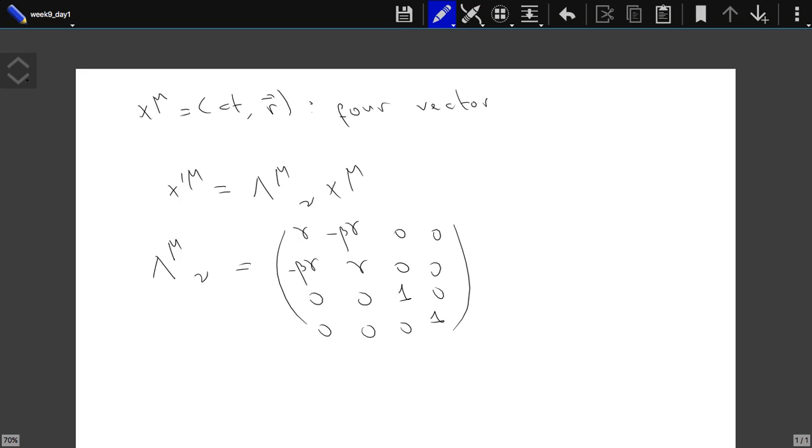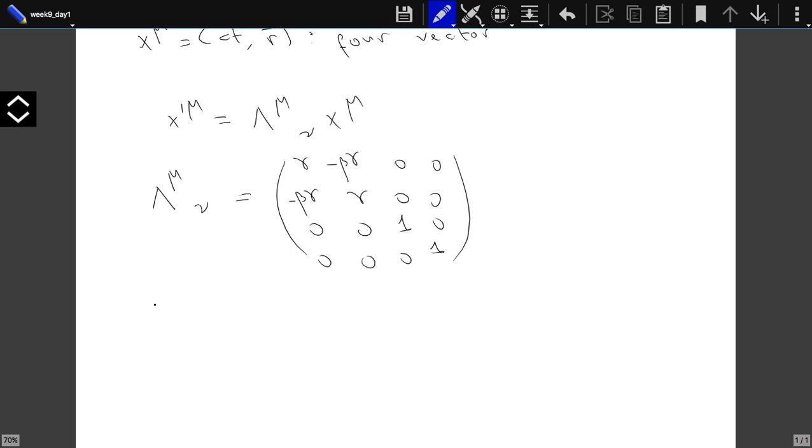The interesting thing about this Lorentz transformation is that if you define minus c squared t squared plus r squared, which we will write in this form, x^mu x_mu, with x^0 and x_0, plus r, this is invariant.